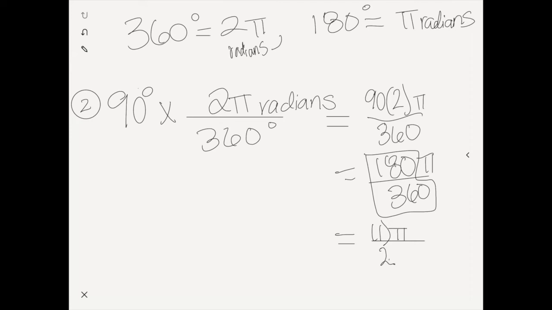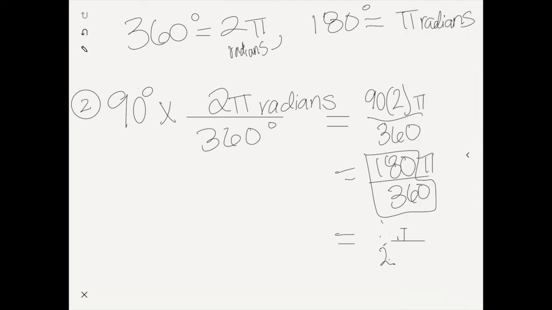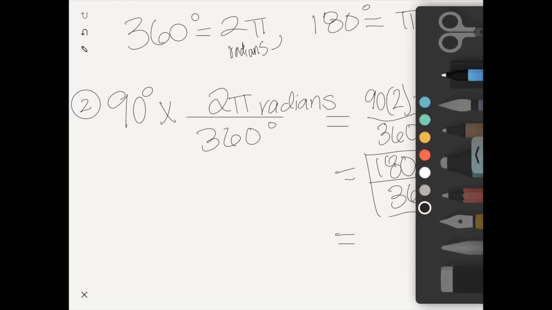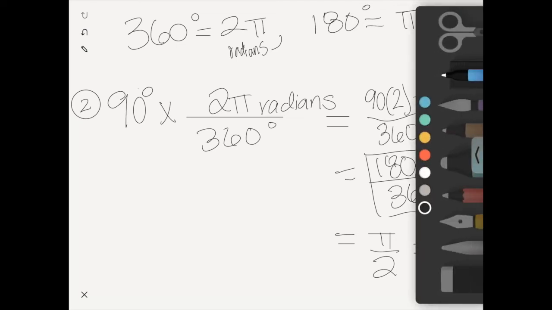So I have 1 over 2 pi, or you can just call it pi over 2. So that's my answer. I want the answer to be in terms of pi, so I'm going to have pi over 2. Or you can say 1 pi over 2, or that's equal to 1 over 2 pi. It's the same thing. Let's do one more.